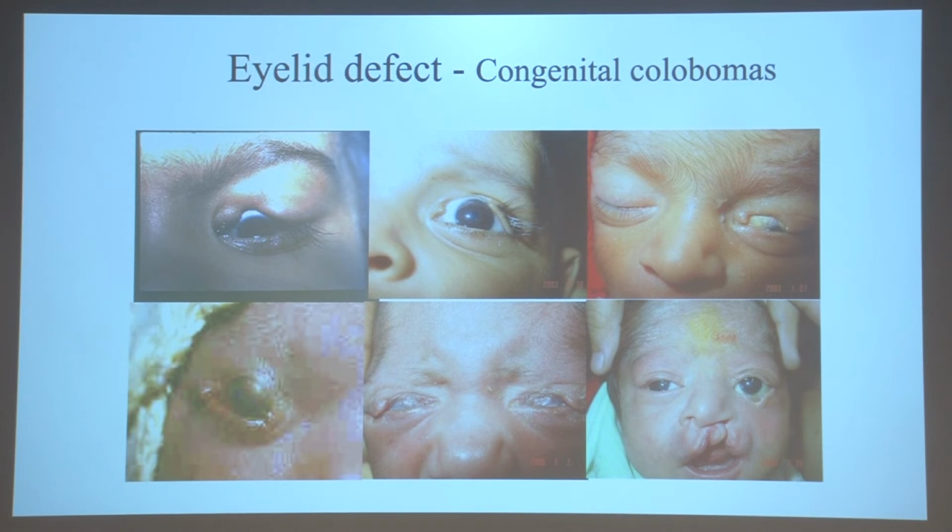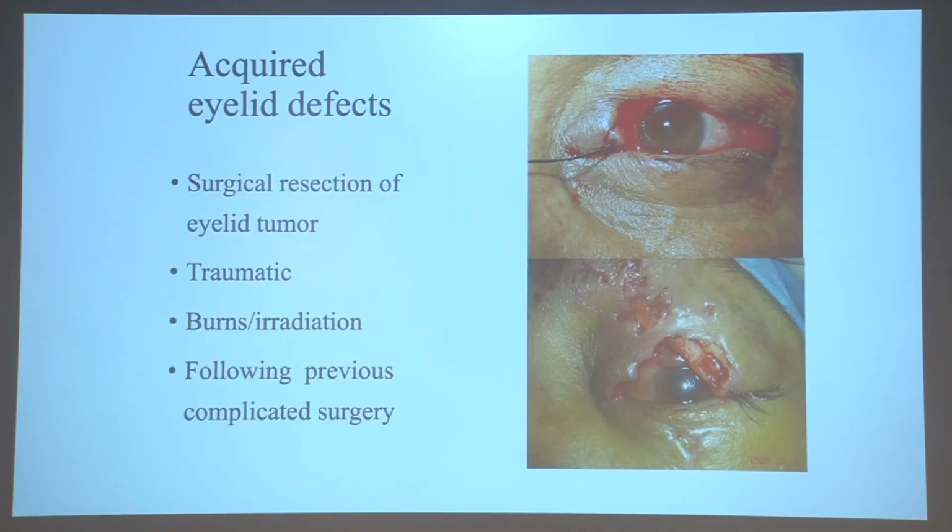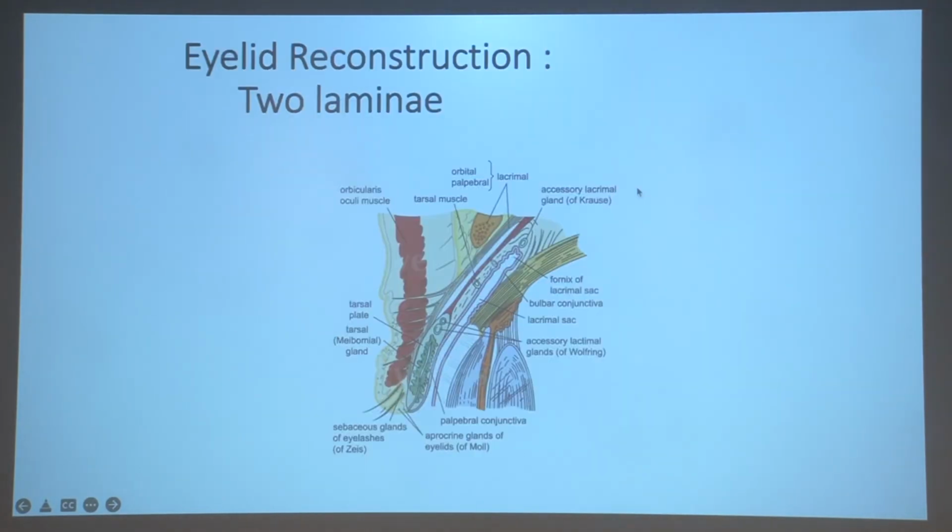So various types of colobomas, upper lid and lower lid, those associated with partial cryptophthalmos with exposure keratopathy where skin runs on to the cornea, we all need to deal with them, and the commonest are surgical resection of eyelid tumors.